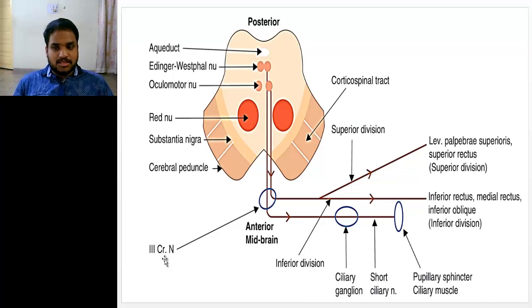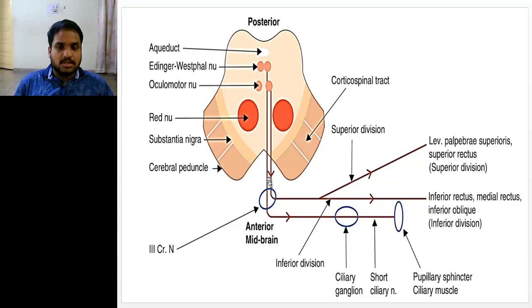So that is about the eye movements and the muscles that help in the eye movements. Now we will start with the oculomotor nerve. Each nerve we will deal with. So the oculomotor nerve or the third cranial nerve has the nucleus in the midbrain. You can see here, this is the oculomotor nucleus.